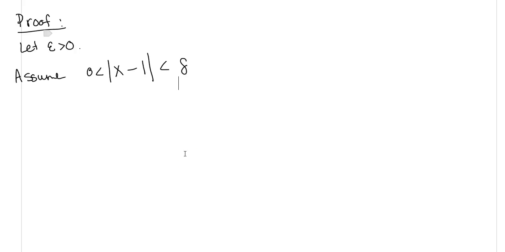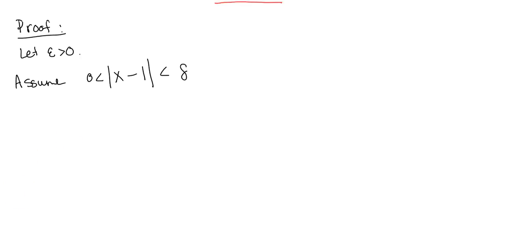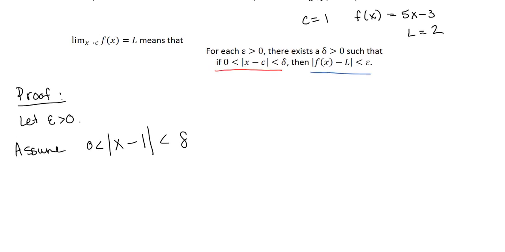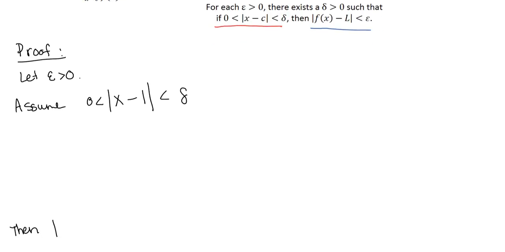And in the middle here somewhere, I'm going to do a lot of work, but the thing that we're trying to prove is the then part of the statement. So the then says that the absolute value of f of x minus L is less than epsilon. So I'm going to come down here, I'm going to write then. The absolute value of our function was 5x minus 3. So I've got the absolute value of 5x minus 3 minus L, which is 2, is less than epsilon.